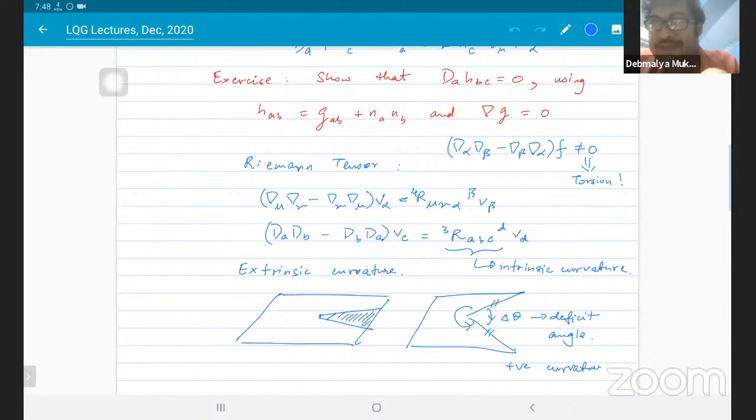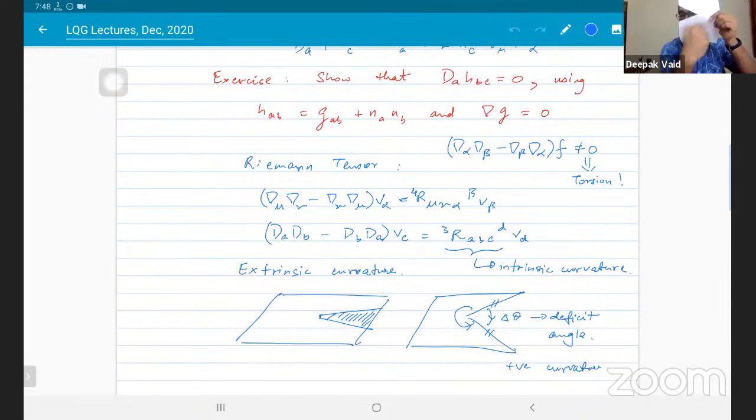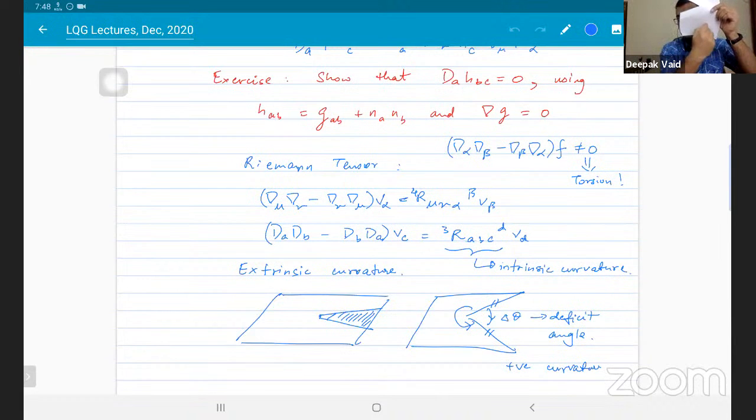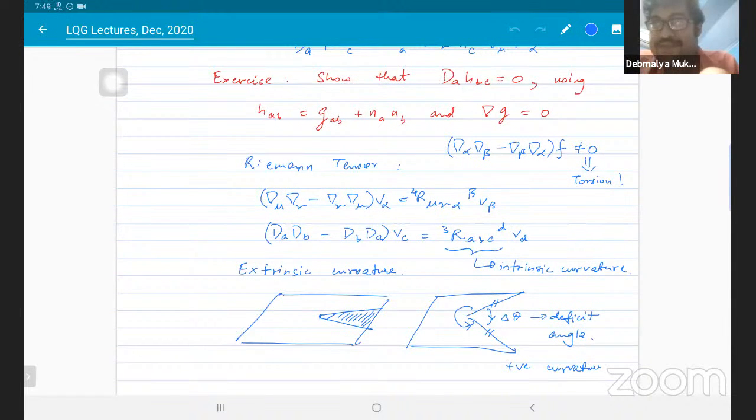If I don't remove this and take a closed loop anywhere, the tangent vector parallel transported around it will agree with itself when it comes back to the same point, because it is flat.